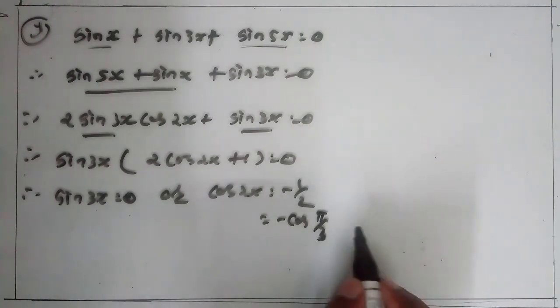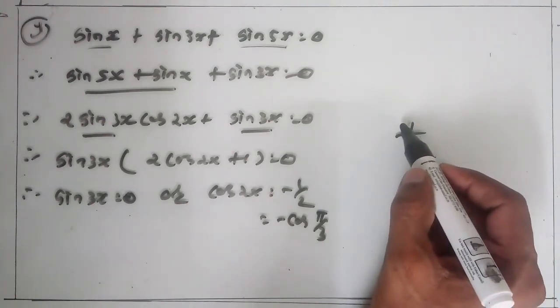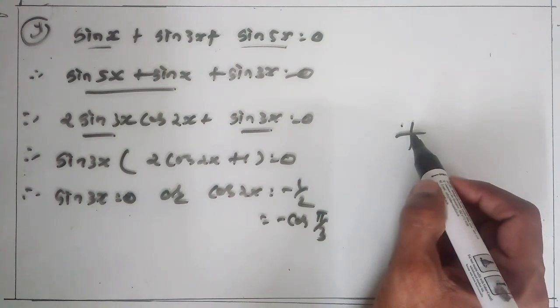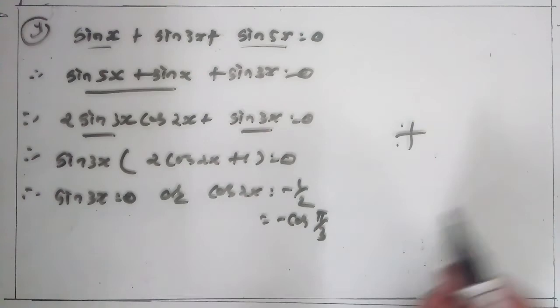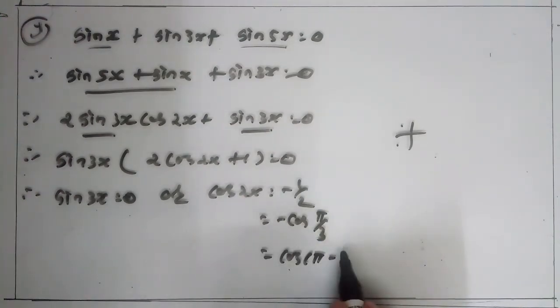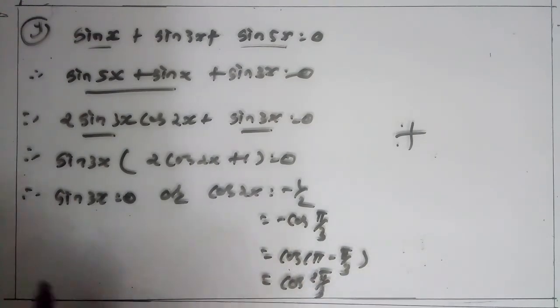Clear? And think where the value of cos becomes negative. In this quadrant it becomes negative. And in this quadrant here cos pi minus pi by 3, so is equal to cos of 3 pi minus pi, becomes 2 pi upon 3. So cos 2x is equal to cos 2 pi upon 3.